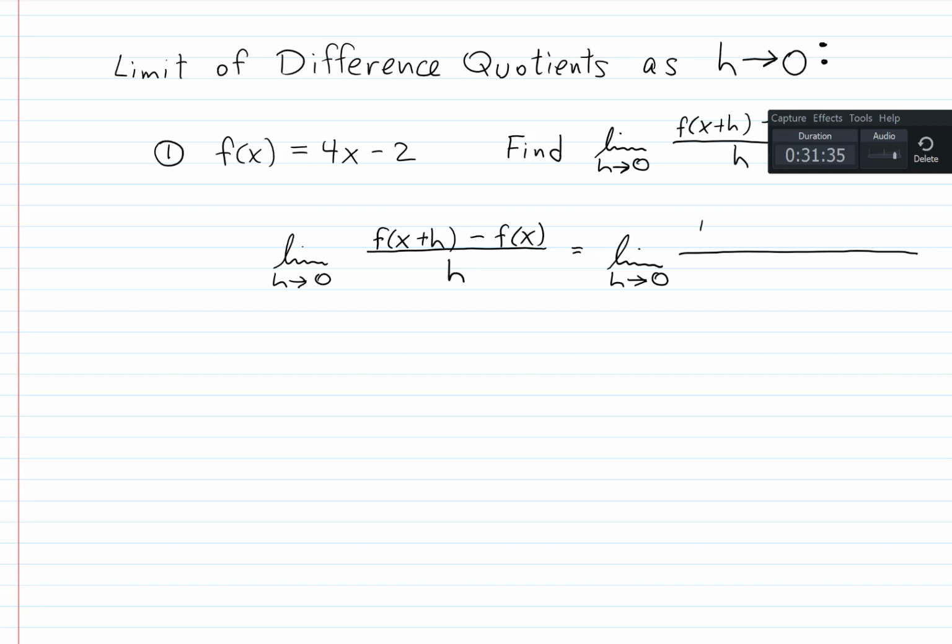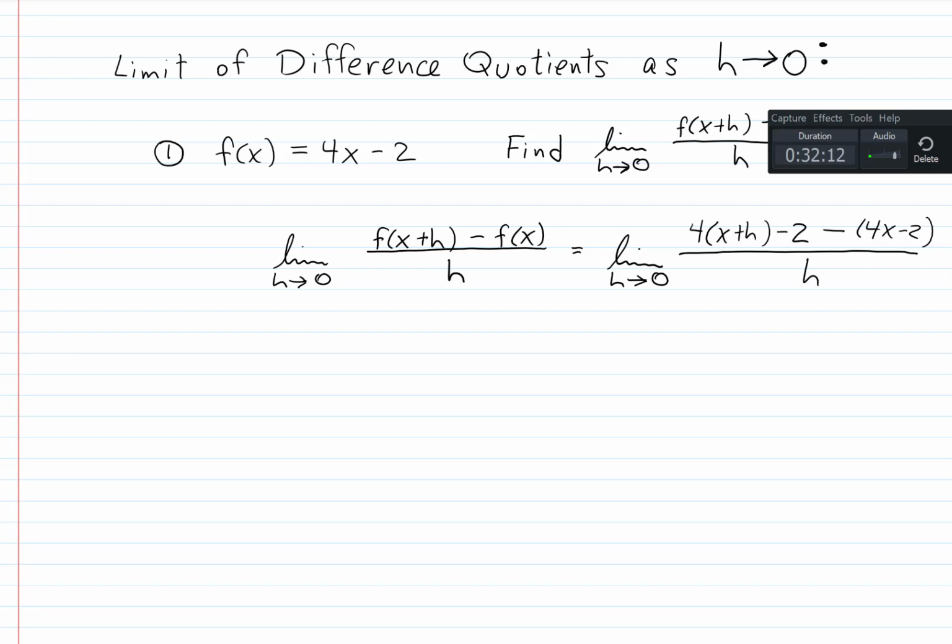So won't I get 4 times x plus h, minus 2? Because that's what the function does. It multiplies the input by 4 and then subtracts 2. So if I'm plugging in x plus h, then the function will multiply that by 4 and then subtract 2, right? Okay, what's next? It says minus f of x. Here's f of x. Okay, and then it says over h.